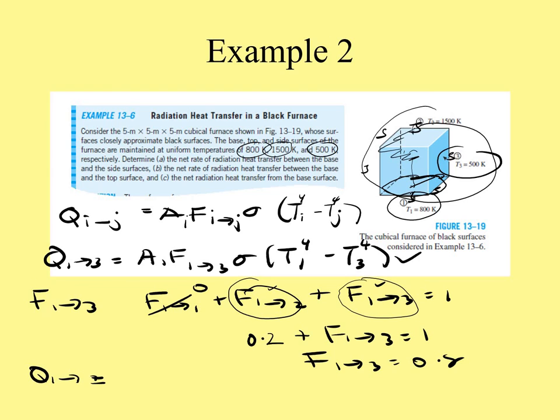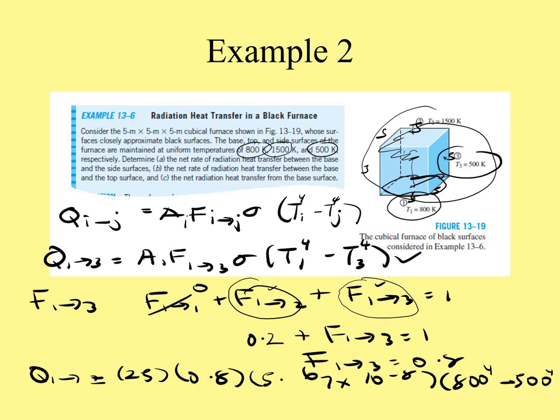So 5 times 5 would be 25, the area. 25 times 0.8 times the Stefan-Boltzmann constant, which is 5.67 times 10 to the power of negative 8, times 800 to the power of 4 minus 500 to the power of 4. So this one would be 394 kilowatts for question A.